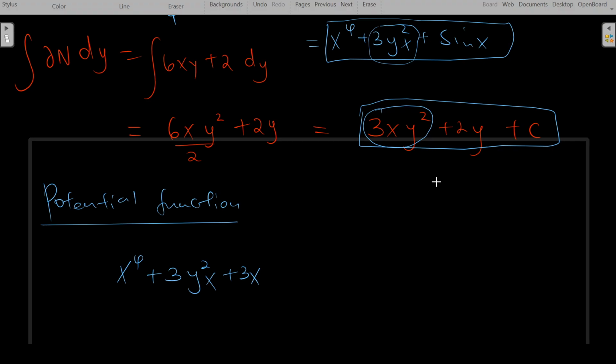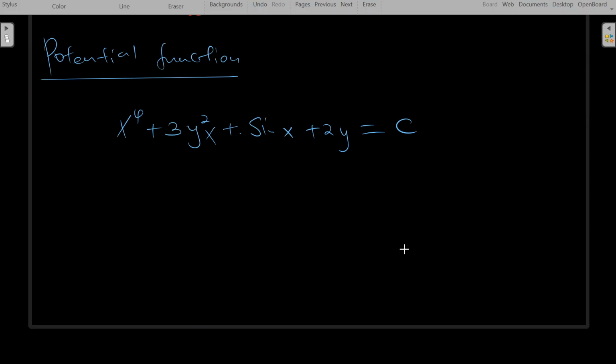Then add that to sine of x, then add that to 2y, then we say equal to a constant. Let me clean this a bit. This is x to the 4th plus 3xy squared plus sine of x plus 2y equals c. So this is our general solution.